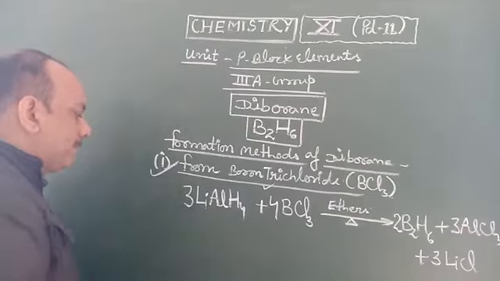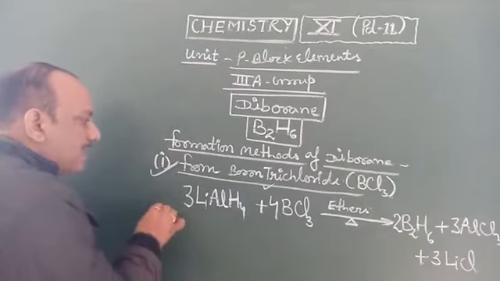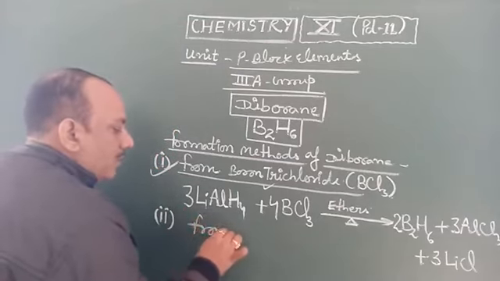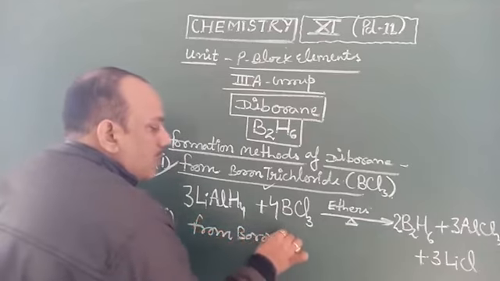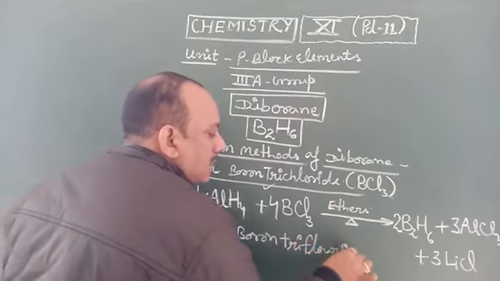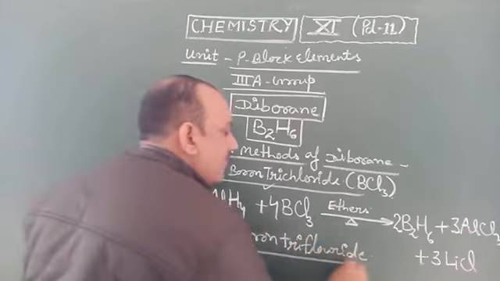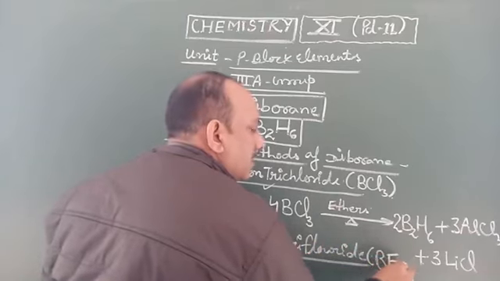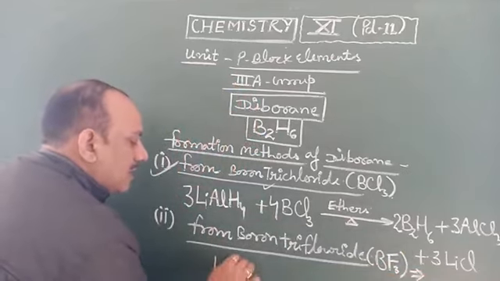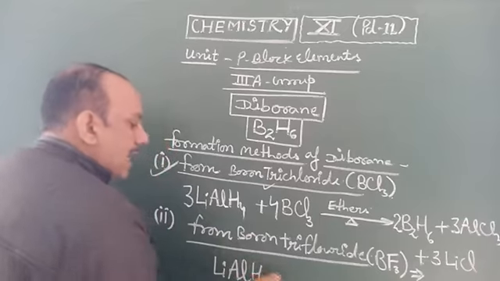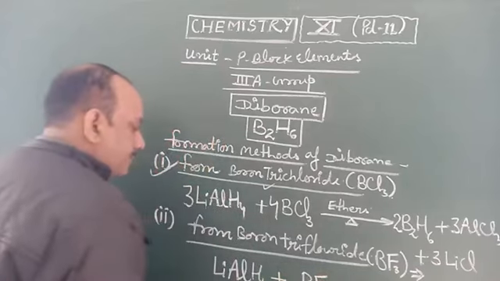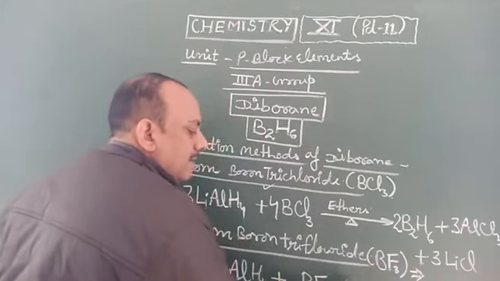Another method is also from boron trifluoride. The formula of boron trifluoride is BF3. It reacts with lithium aluminium hydride, LiAlH4, plus BF3 in the presence of ether.